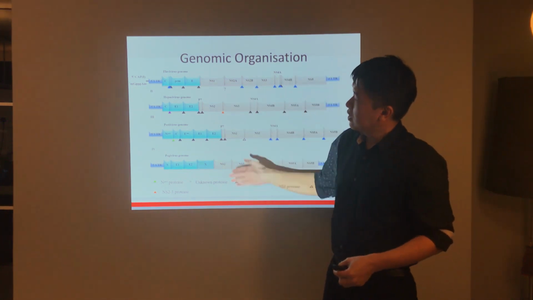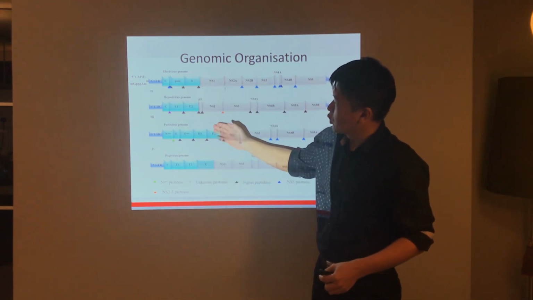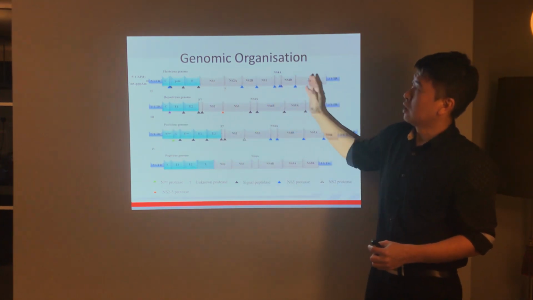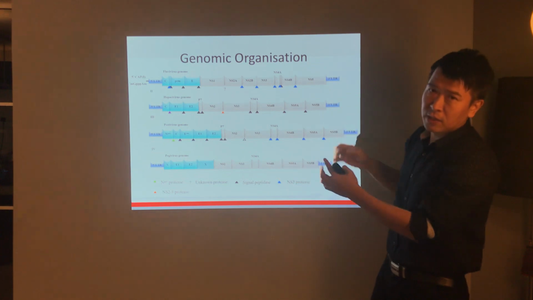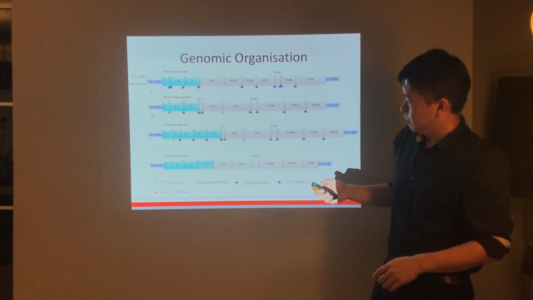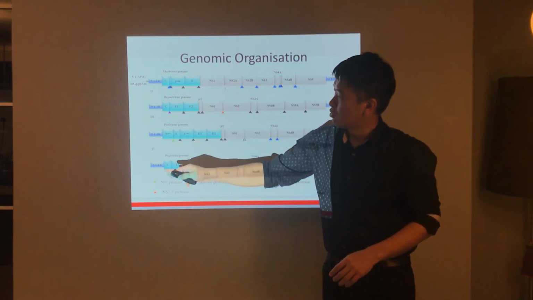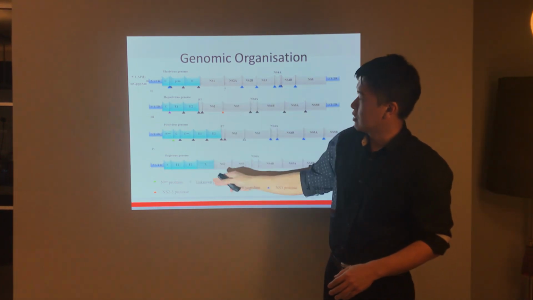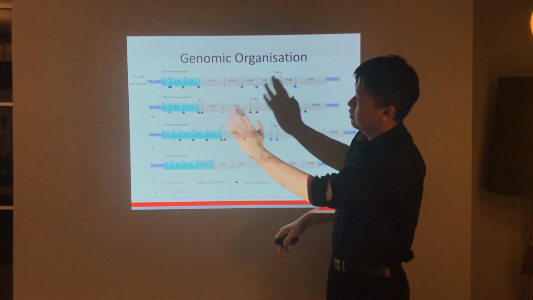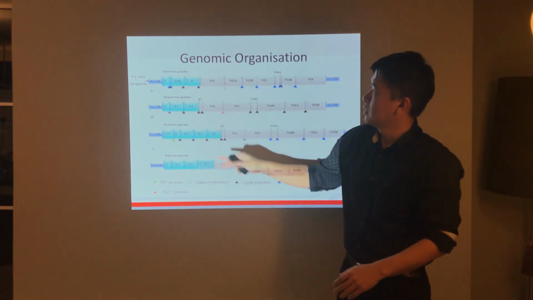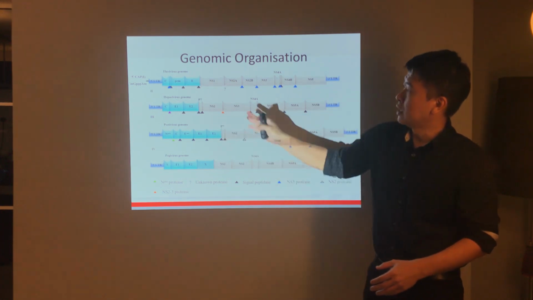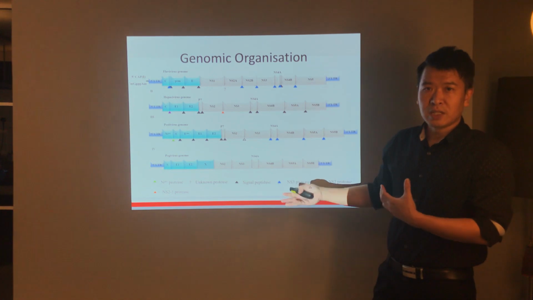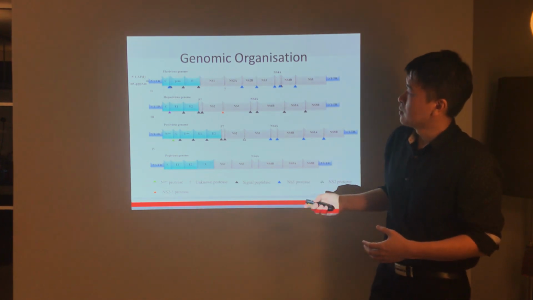What we can see here is that the structural protein is located at the 5' end, and the non-structural protein is located at the 3' end, because this is a positive-stranded RNA. It's quite standard. You have the capsid on the far left, then the envelope protein next to it, followed by all the non-structural proteins, which are important for virus replication.